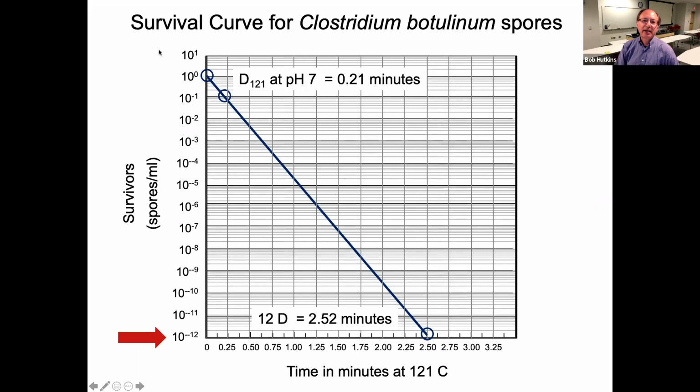So here's a more realistic situation where we start with one spore, and after 2.52 minutes, we have 10 to the minus 12 spores. Okay, so that's where I say risk. So now your chances are pretty remote that any one can will have a viable spore.